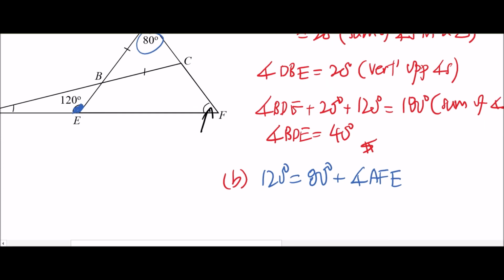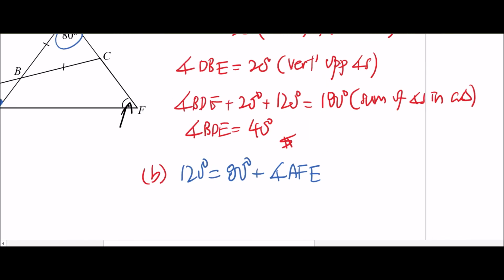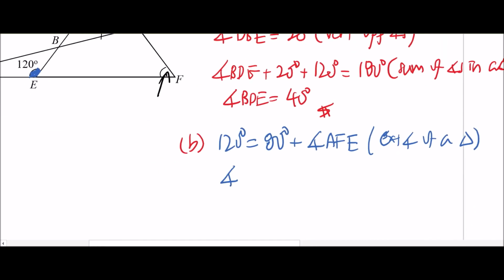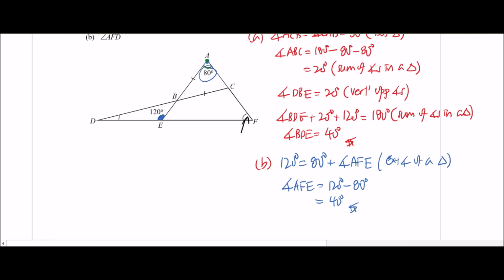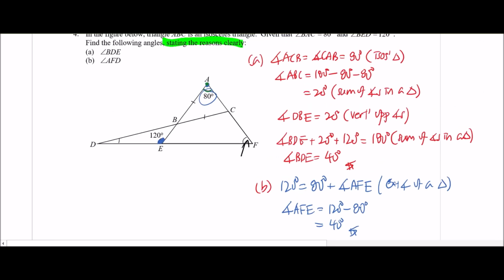A bit of a mind block there. Okay, and the reason here is exterior angle of a triangle. Alright, so from there we can quickly find AFE equals 120 minus 80. That gives us 40 degrees. And we're done. Okay, we have found our two angles that we are told to find.